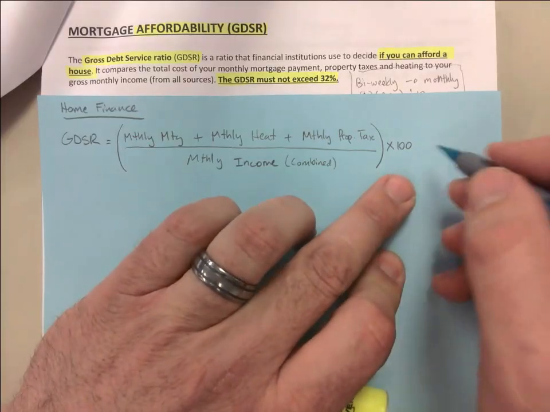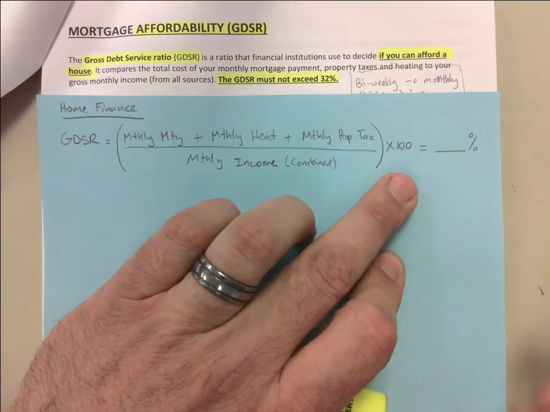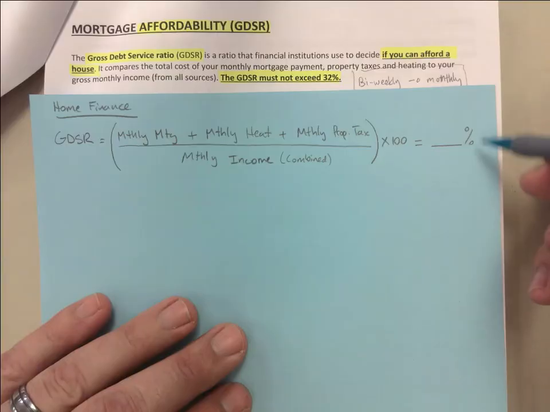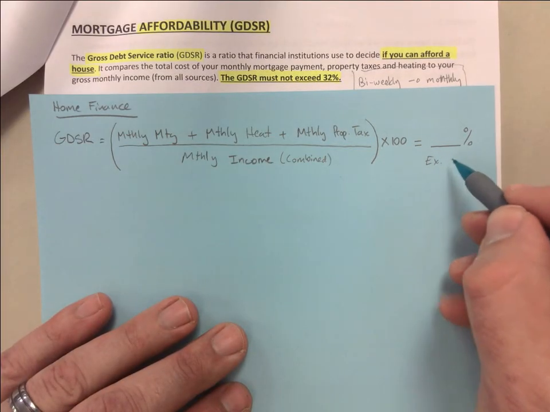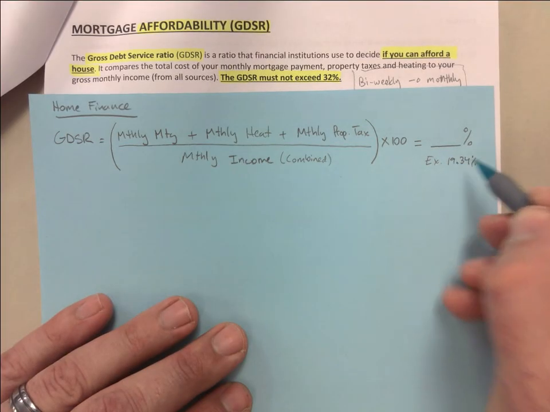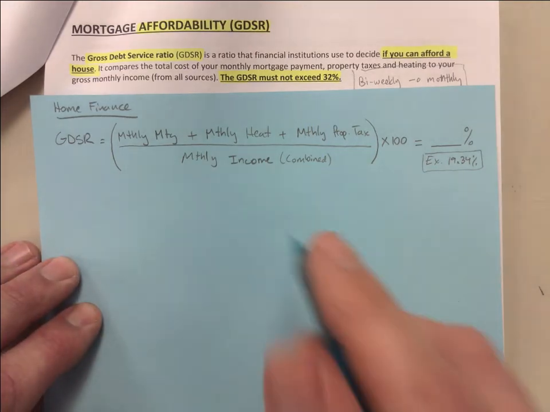This will give you a number that should have a percent symbol attached to it. Just make sure you do that. Example, this should be 19.34%. Make sure you round to 2 decimals. Some students think they don't have to, so just make sure you have that.